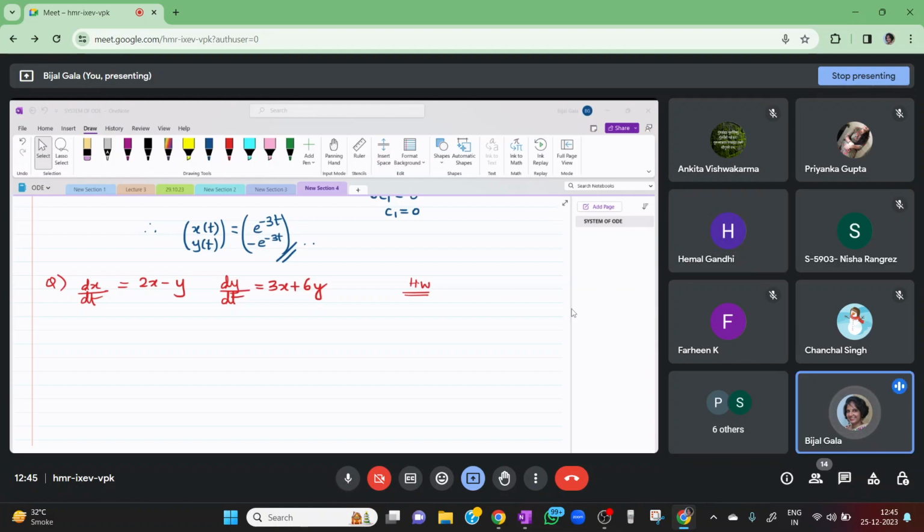Whatever will come, it will come on the website itself. You need to keep checking the website, mu.ac.in. There you can go on the IDOL page and you can check it out.